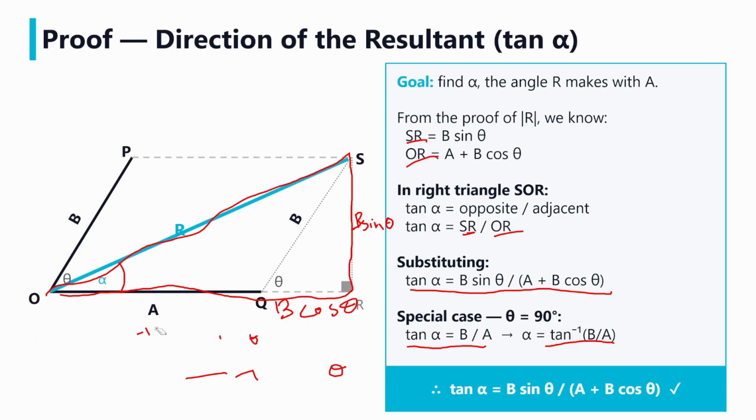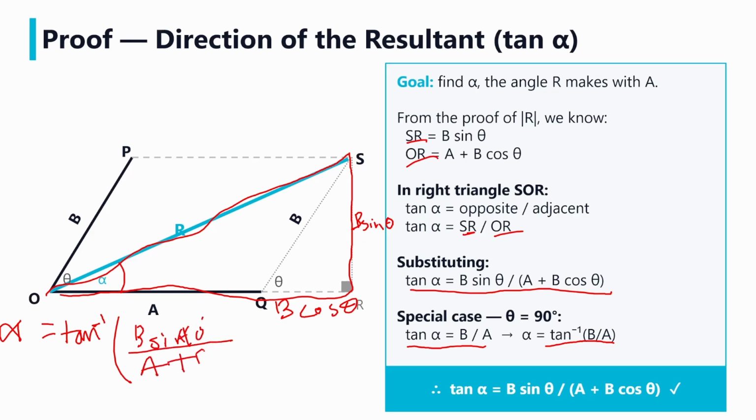So if you do this, alpha basically equals tan inverse of, first, b sine 90 degrees over a plus b cosine 90 degrees when theta equals 90.